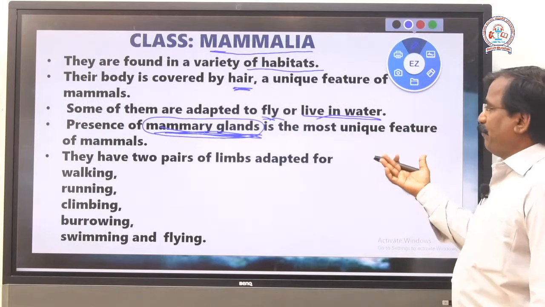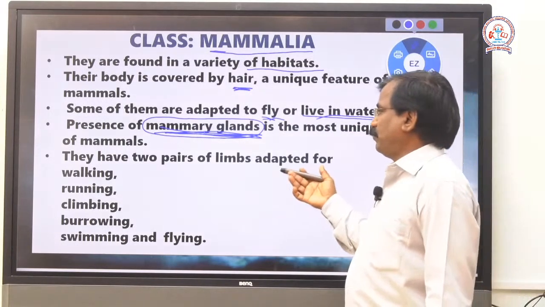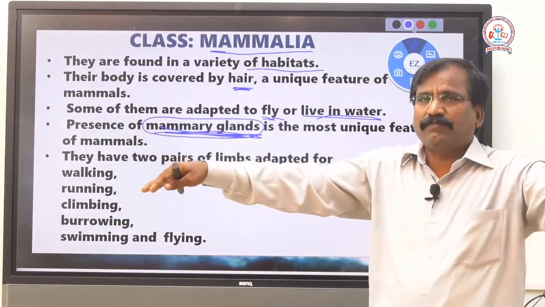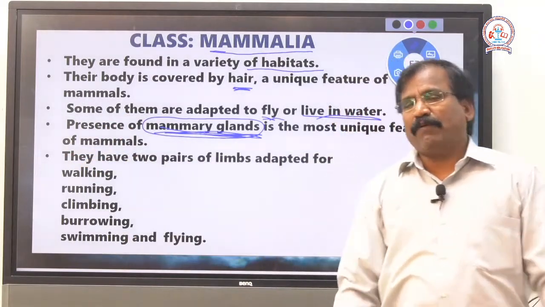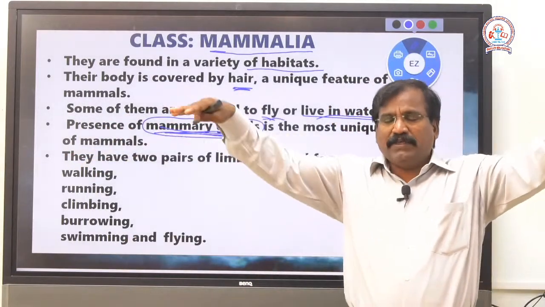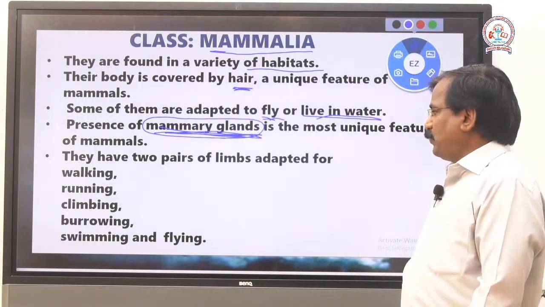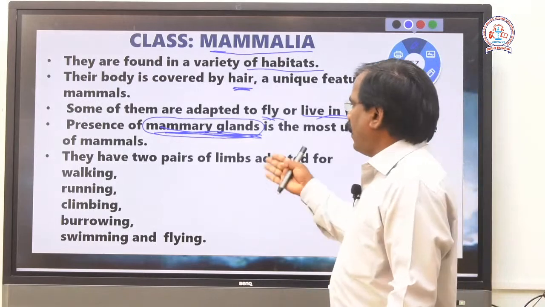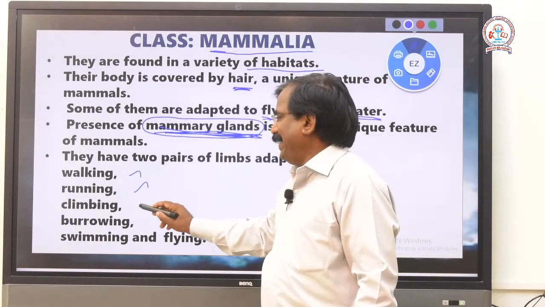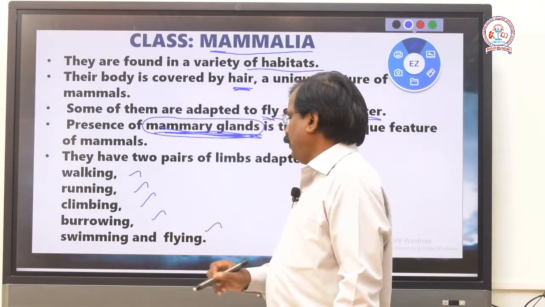And they are tetrapods, two pairs of limbs, that is totally two pairs of appendages, the forelimbs and hind limbs. They are adapted for walking, running, climbing, burrowing, swimming and flying.